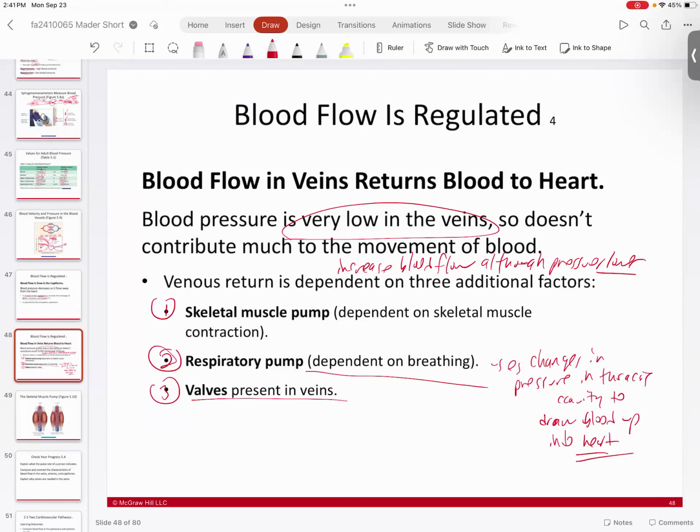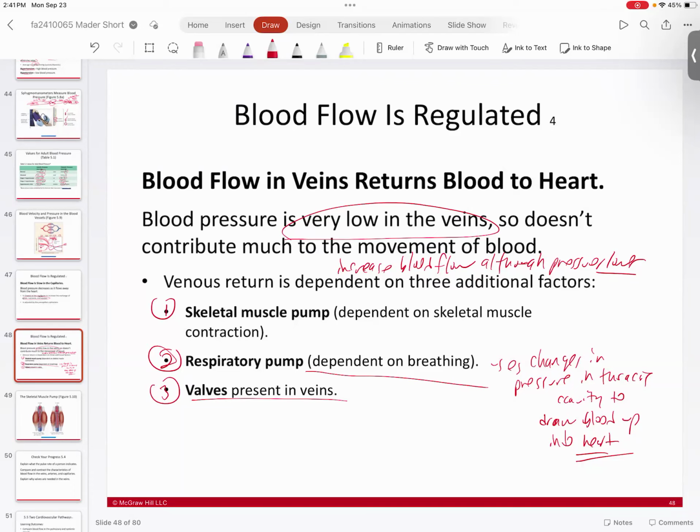Basically, it's the same set of physics as sucking fluid through a straw. Everybody's done that, yes? What you're doing by sucking fluid up in a straw is creating a vacuum just above the fluid inside the straw. You're sucking out the air, creating a vacuum.